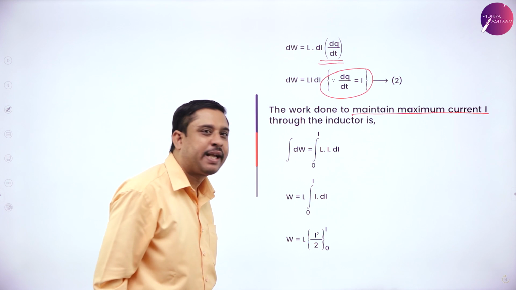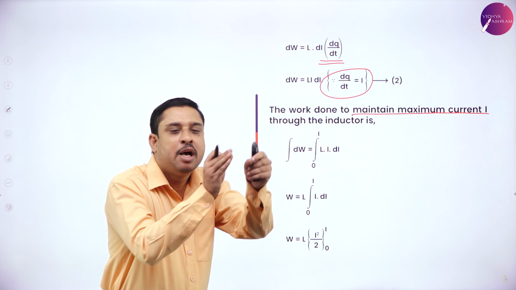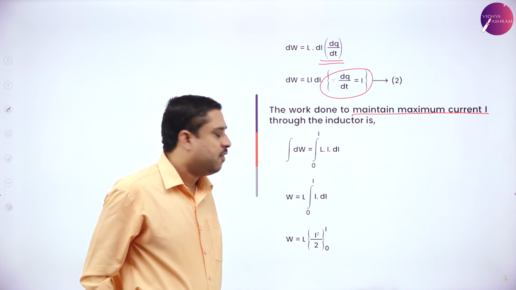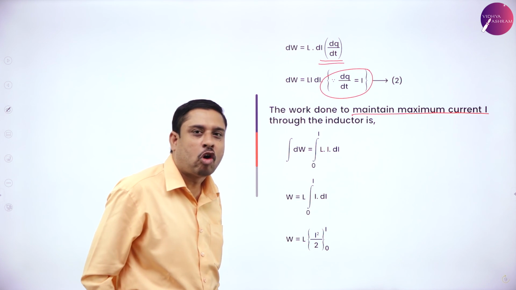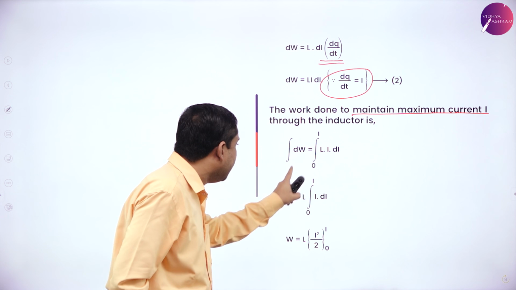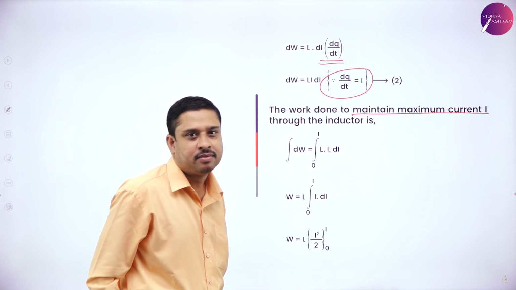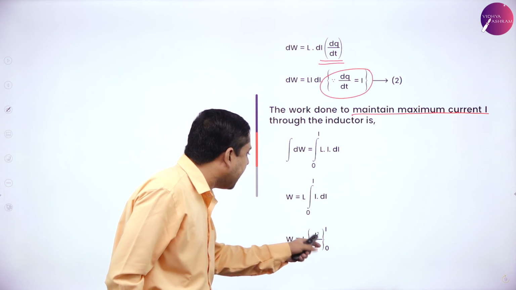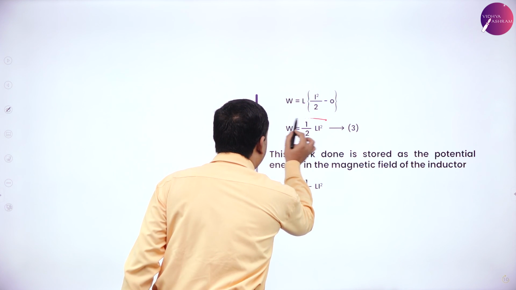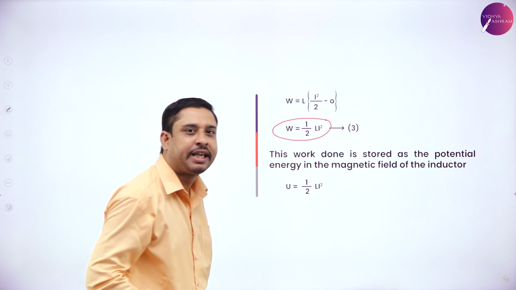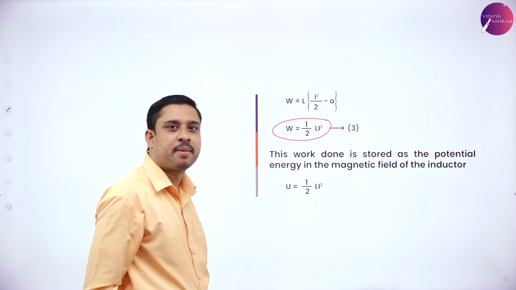Integral of dW, small amount of work plus small amount of work plus small amount of work, will give me the total work W. L is constant, taken outside, integral 0 to I of I di, which is I square by 2, and therefore the work done on simplification is half L I square.